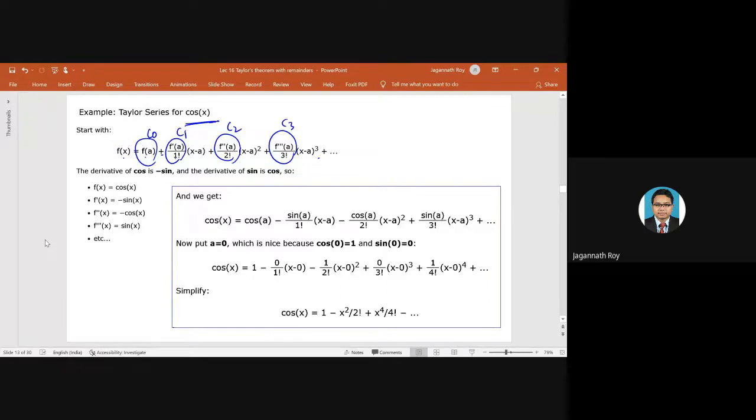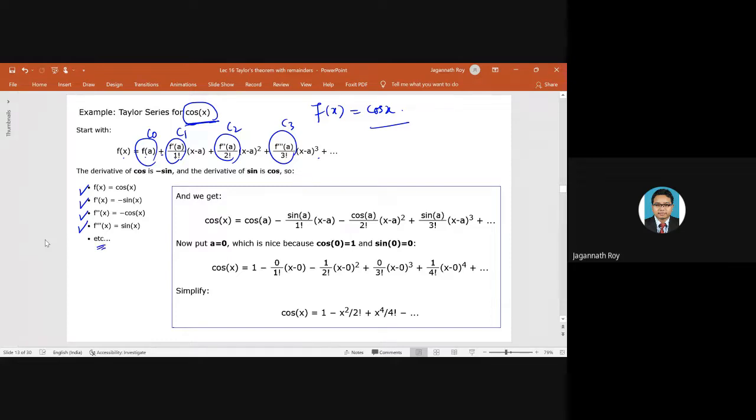We have to find out. So for a given function f(x), which is our cos x, we try to find f(x), f dash x, then f double dash x, and then f triple dash x, and so on.